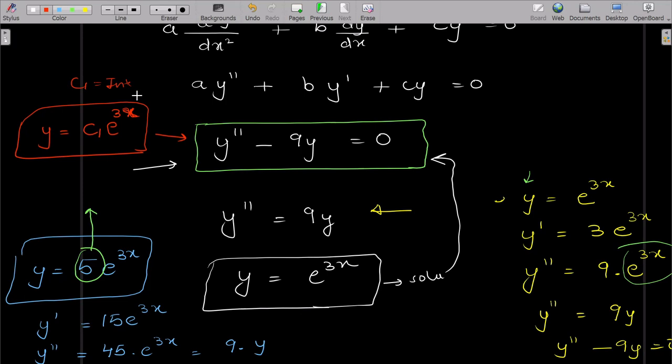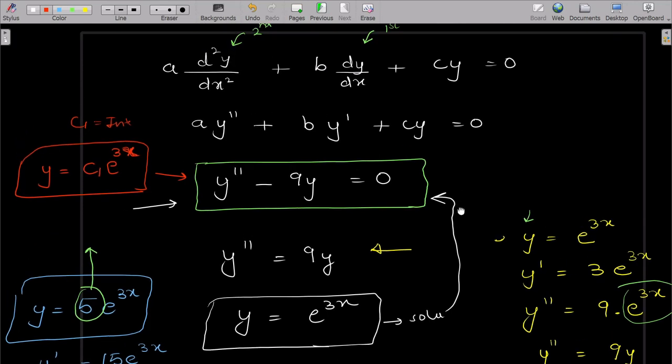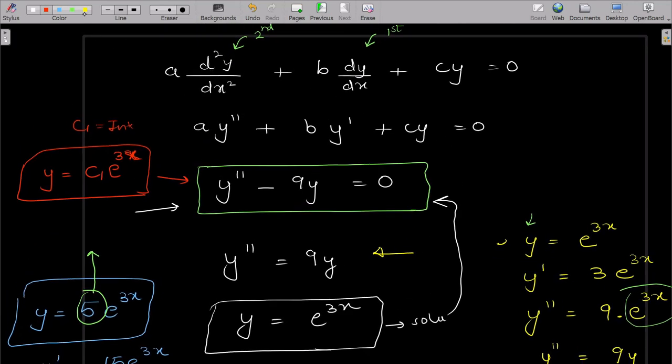Yes. Okay, all right. So now we will extend this observation to find the solution of this equation. Let me go to the next page.